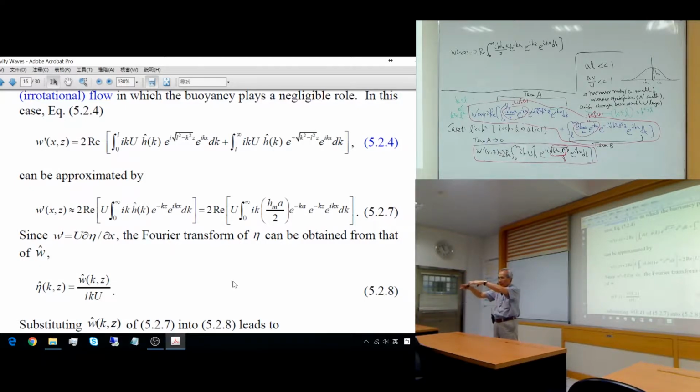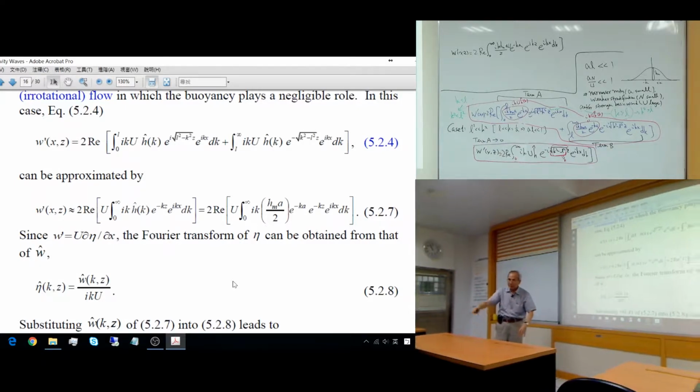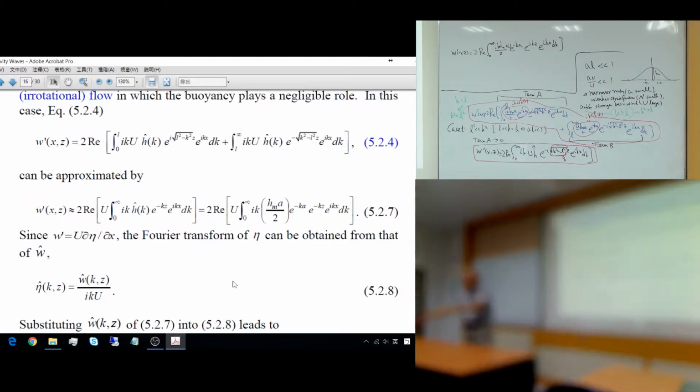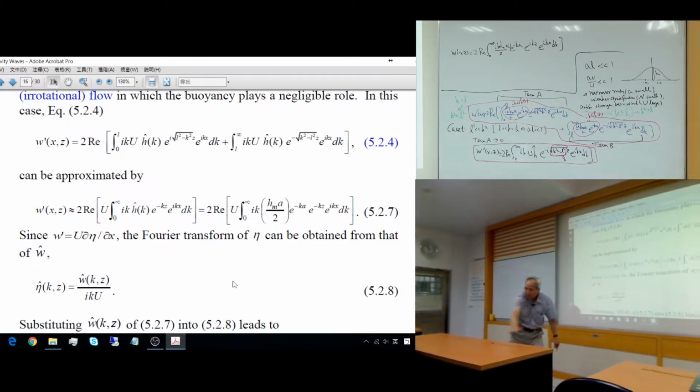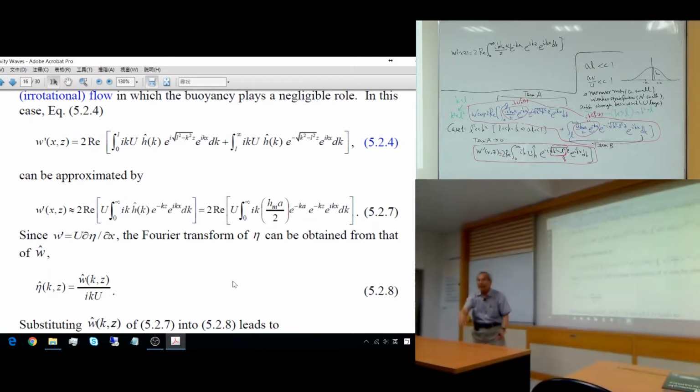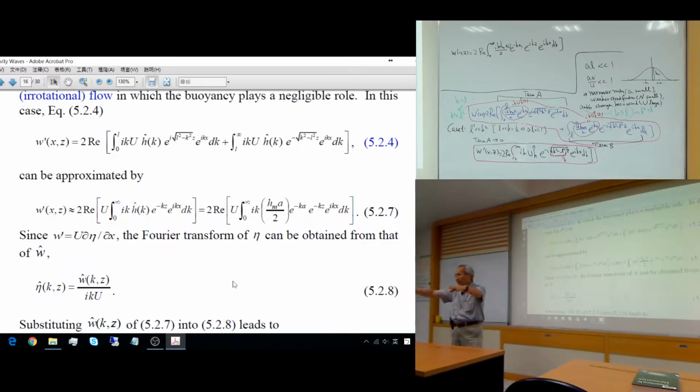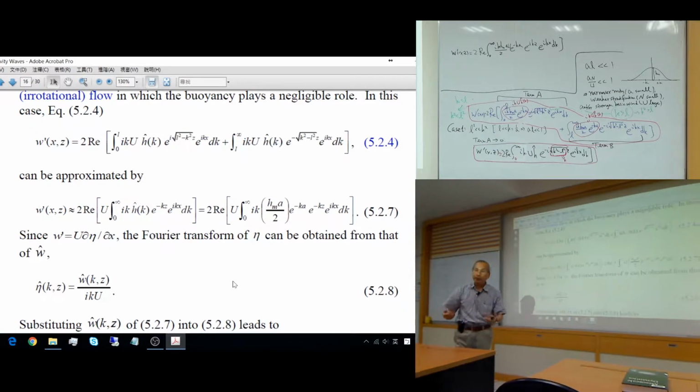Think about this as a water surface at 3 kilometer height, going up and down. And at 5 kilometer, you also say this water surface, if you go up and down, that's eta, vertical displacement.